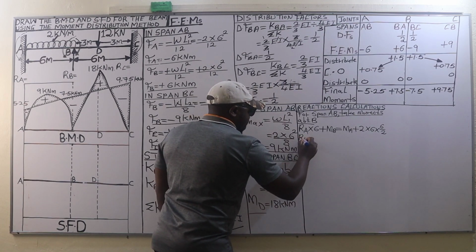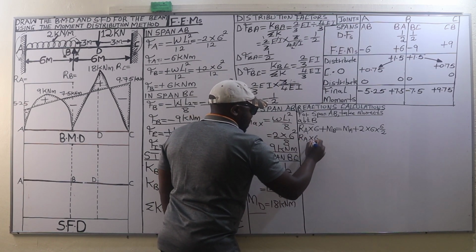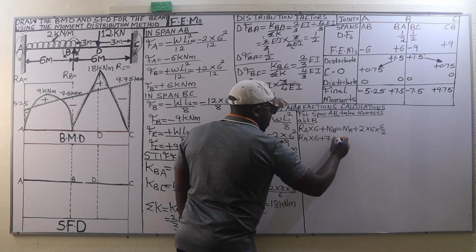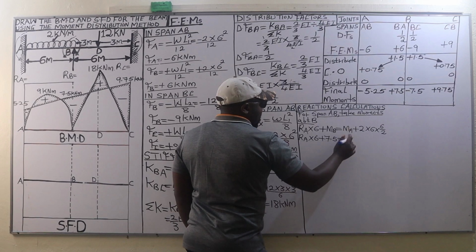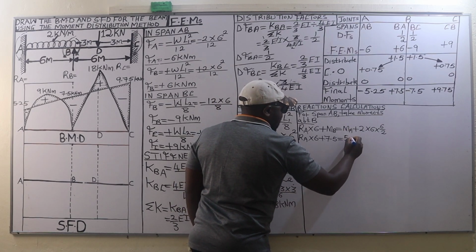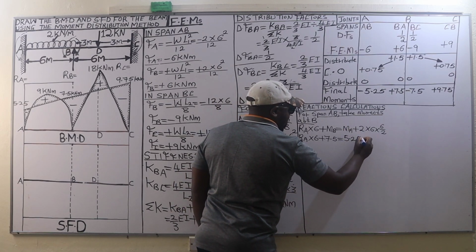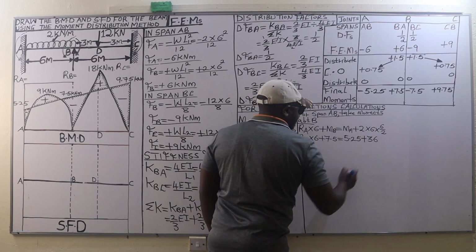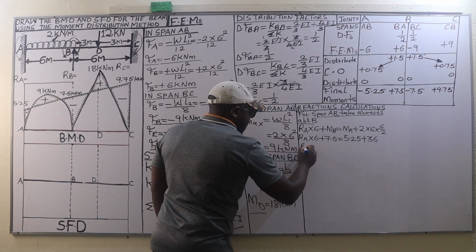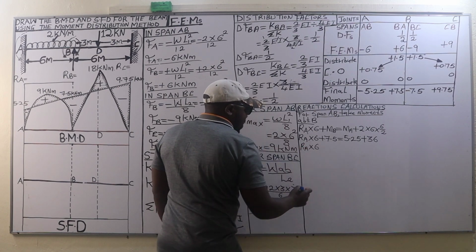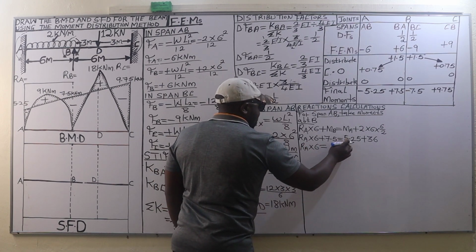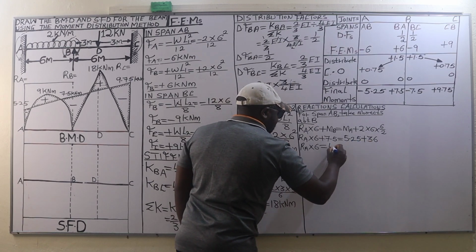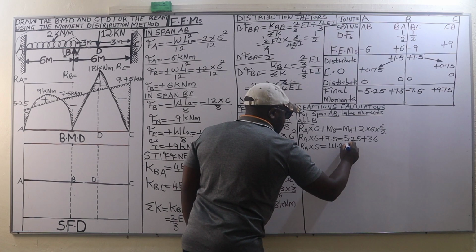So we are going to have RA times 6 plus MB, which is 7.5 kilonewton meters, is equal to the bending moment at A, which is 5.25 kilonewton meters, plus 36. This will give us RA times 6 being equal to 5.25 plus 36, that is 41.25.